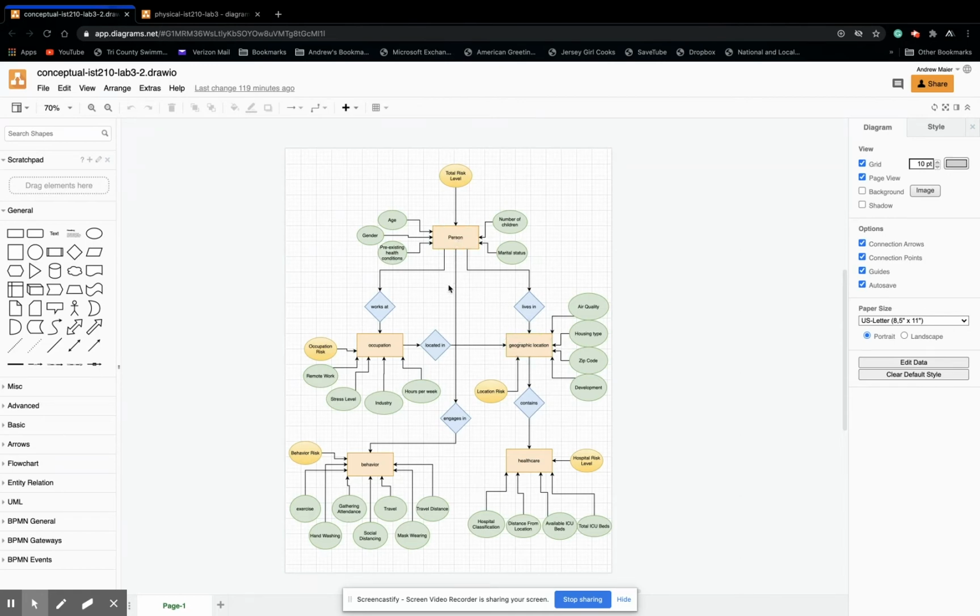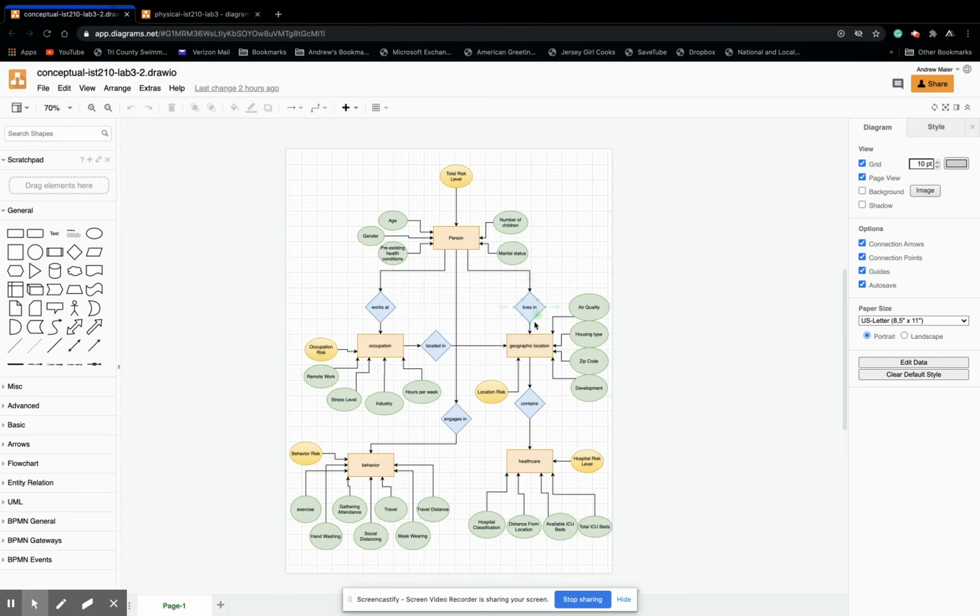So as you can see for the person entity, there are some attributes that are tied just to the person, but really what makes this powerful is we have a person who's obviously going to work at one or more jobs, and then there's a set of attributes for each job.